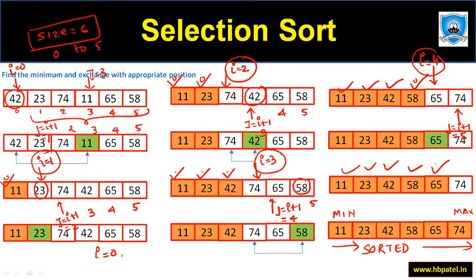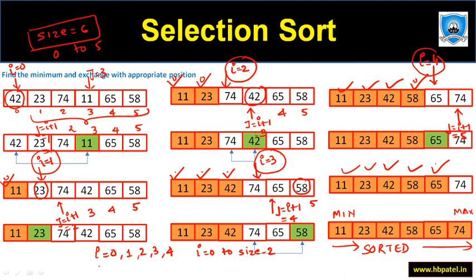If we compare in terms of size, i starts from 0 and goes all the way up to size minus 2. What is size? Size is 6. So 6 minus 2 is 4. So i is ranging from 0 to size minus 2.